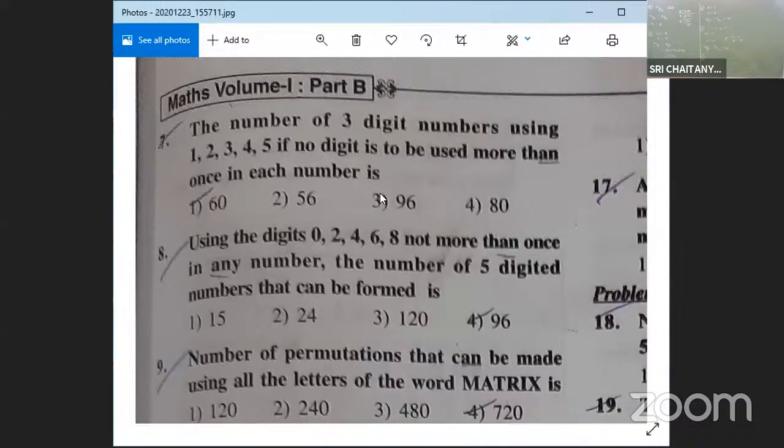Using the digits 0, 2, 4, 6, 8, not more than once in any number, the number of 5-digit numbers that can be formed, he asked you. He has given you 0, 2, 4, 6, 8.